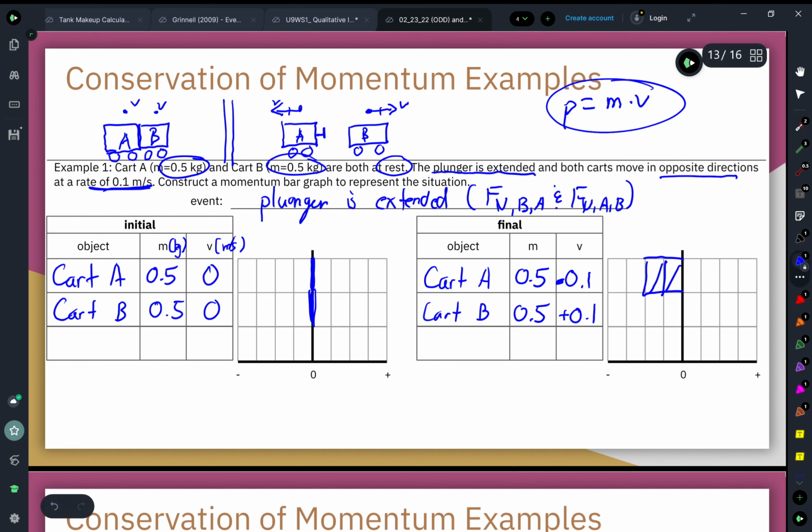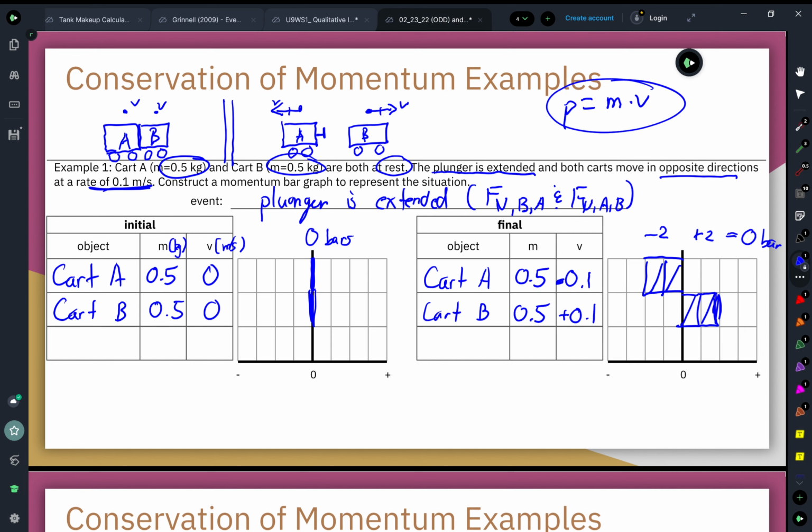Cart B is traveling in the positive direction, so positive momentum. It is traveling just as fast and has just as much mass, so I'm going to show it too has those 2 bars of momentum. Overall, I'm starting off with 0 bars of momentum. At the end, I have negative 2 bars and positive 2, which when we add those together will also equal 0. So I am showing that my momentum is going to be conserved.